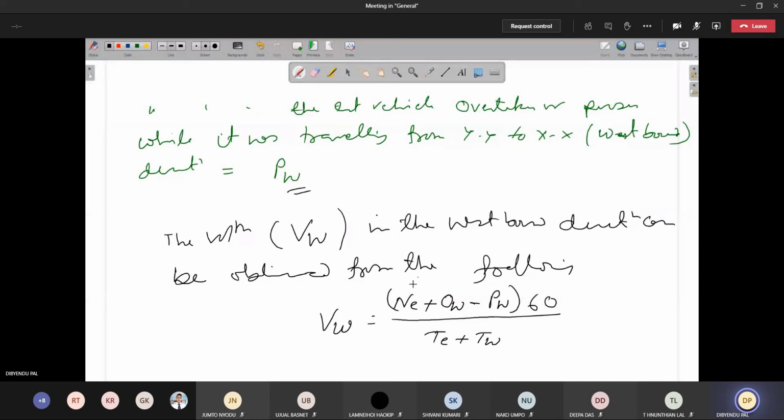So the test vehicle was actually traveling in east direction, but the number of vehicles counted in west direction. So this total is divided by the time. Volume is basically flow divided by time. Time here we have taken in terms of minutes, so to convert it into hours, this value was divided by 60, so it has gone to the top and become 60 here.